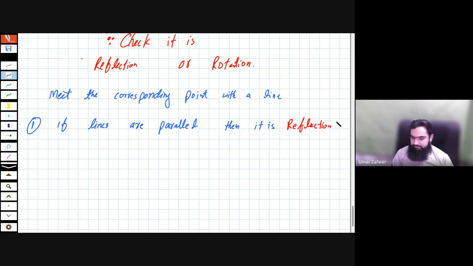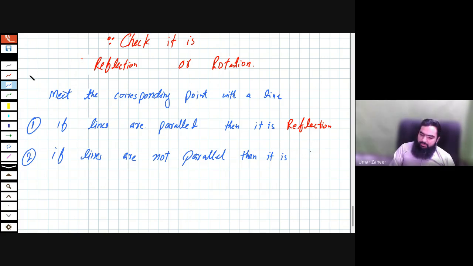Then if lines are not parallel, it means it is rotation. Because in reflection and rotation we tend to be confused, this is how you have to check whether the given thing is going to be reflection or rotation.